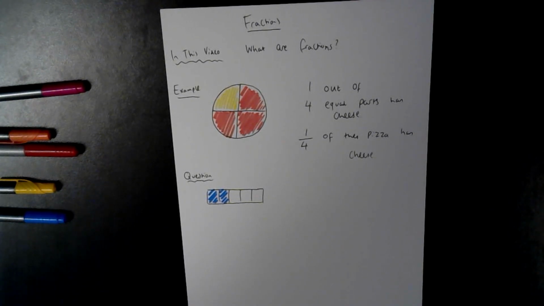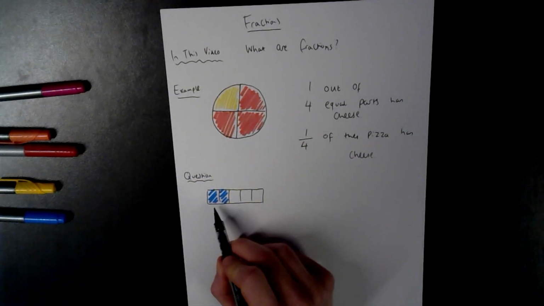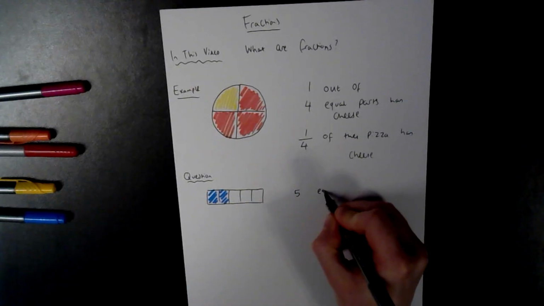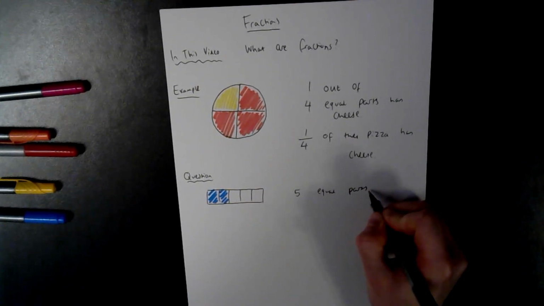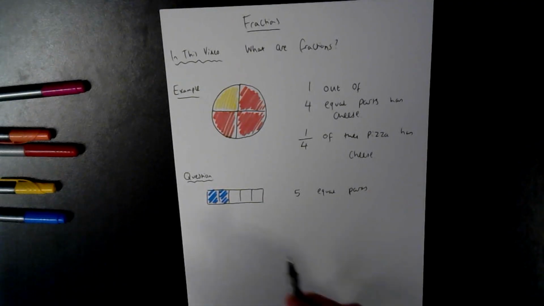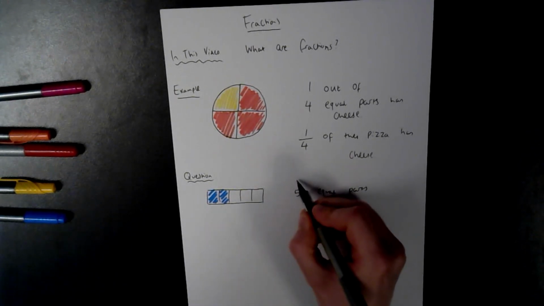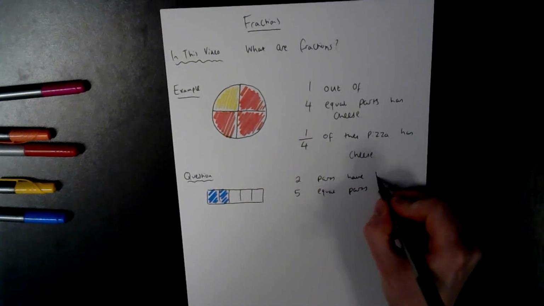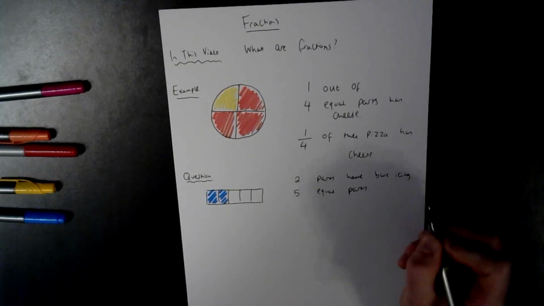What can we say about this cake? Thinking along the lines of fractions, what information do we have? Okay, so first off, let's have a look, there's 5 slices. So there's 5 equal parts. And we can say there's 2 parts that have blue icing.